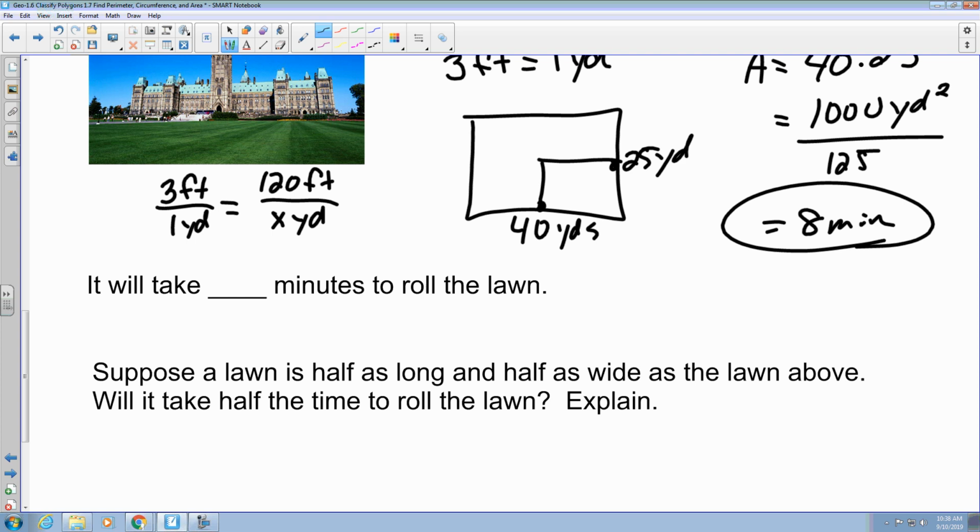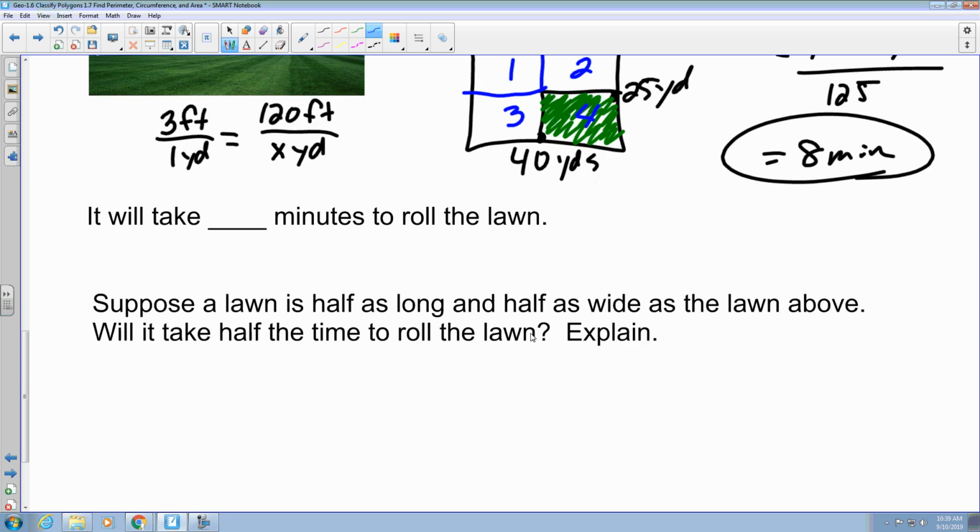If I cut everything in half, this is the portion of the lawn they're talking about. Is it going to take half the time? The answer is no, because now I have 1, 2, 3, 4 pieces, and basically I have only a quarter of the lawn.